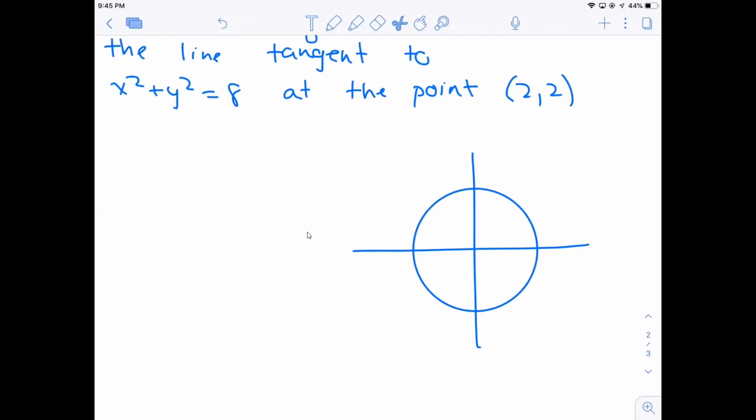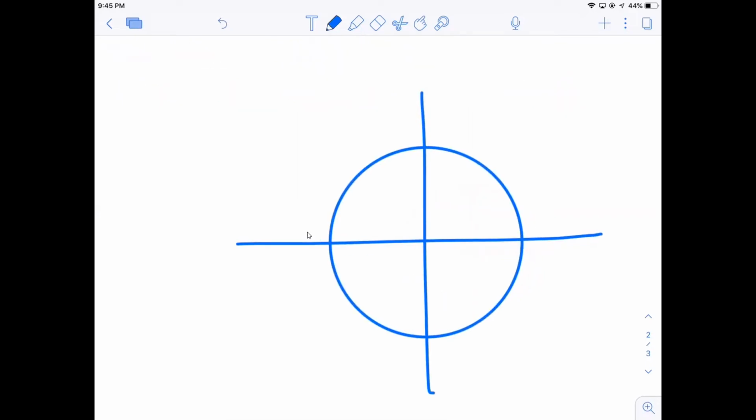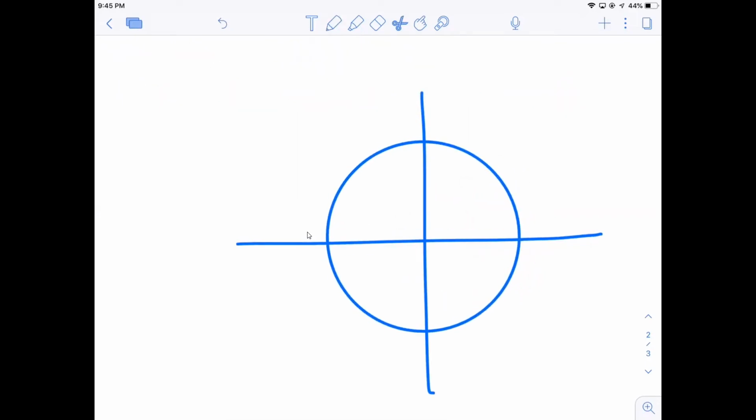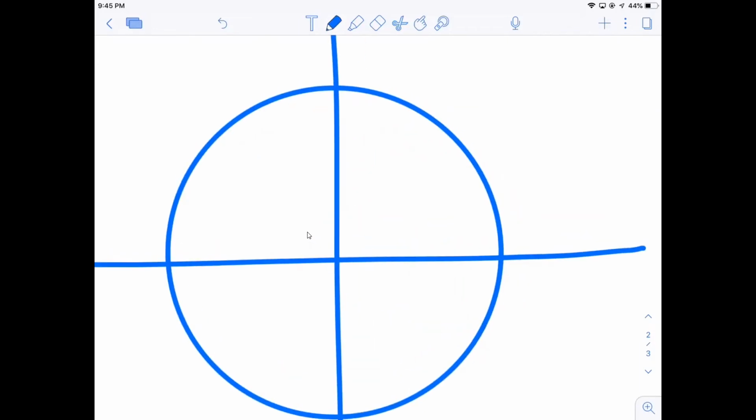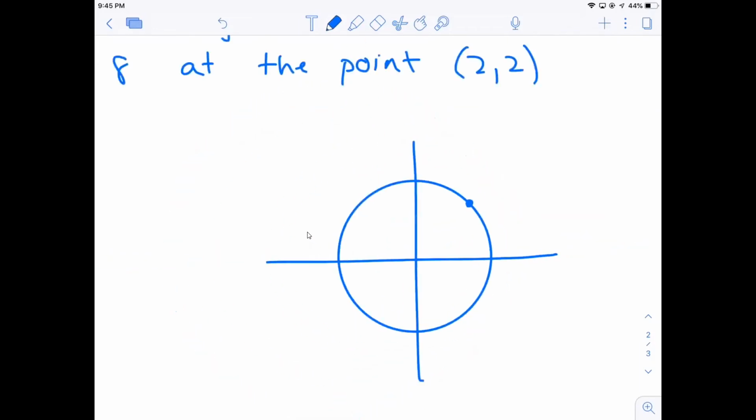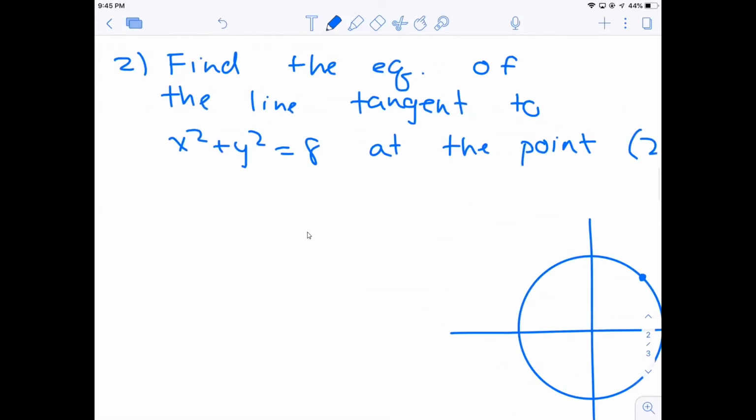And what's the radius? The radius is not 8, right? The radius is the square root of 8, and the square root of 8 is going to be a little less than 3. So we have this circle with that radius, and it's going to pass through the point (2, 2). If you want to confirm that, just plug in 2 squared plus 2 squared. That does equal 8. So (2, 2) is a point on the circle.